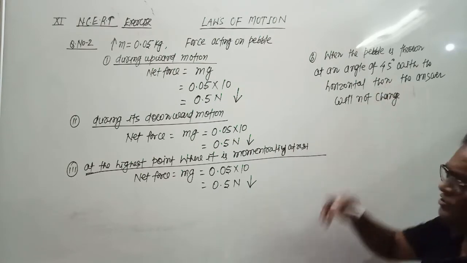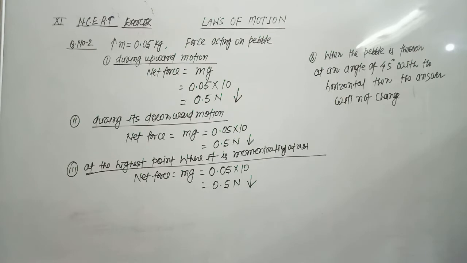The second case is, what happens when the pebble is thrown at an angle of 45 degree with the horizontal.